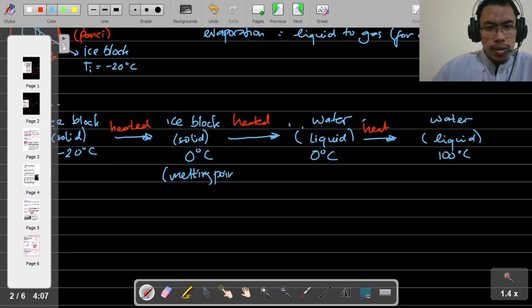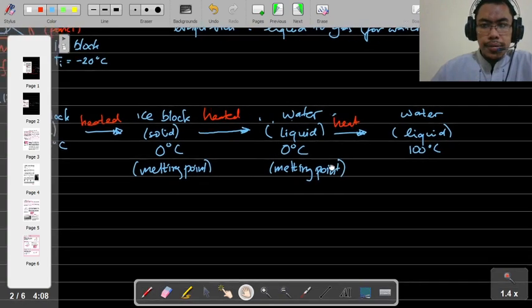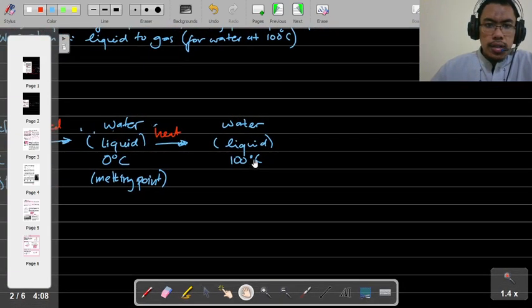So melting point, and also for this one, 0 degree of Celsius is the melting point. Nah, 100 degree of Celsius is not evaporation, actually it is boiling point, yeah.